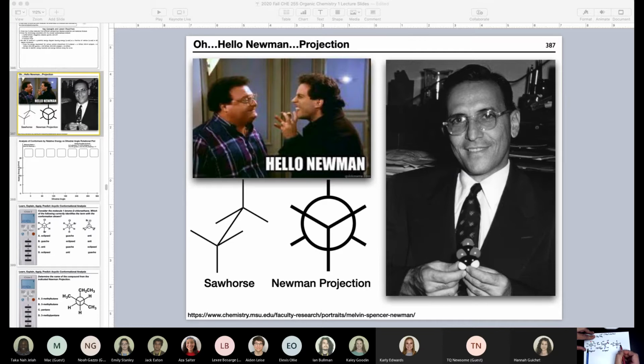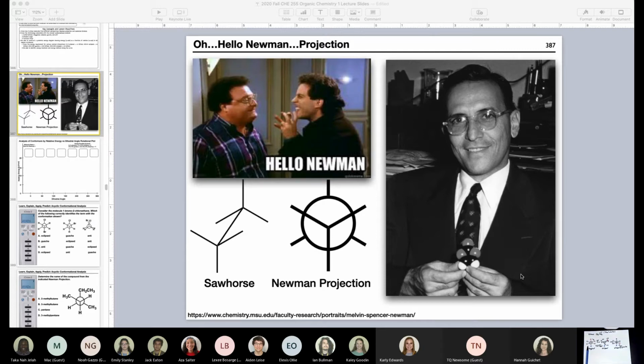If we're considering these two substituents that are 60 degrees apart from one another, this relationship is called gauche. So 60 degrees, G-A-U-C-H-E. So again, this is staggered. Staggered, eclipsed, staggered. As you do this exercise, you'll see that it goes from staggered to eclipsed to staggered. That's how they vary.